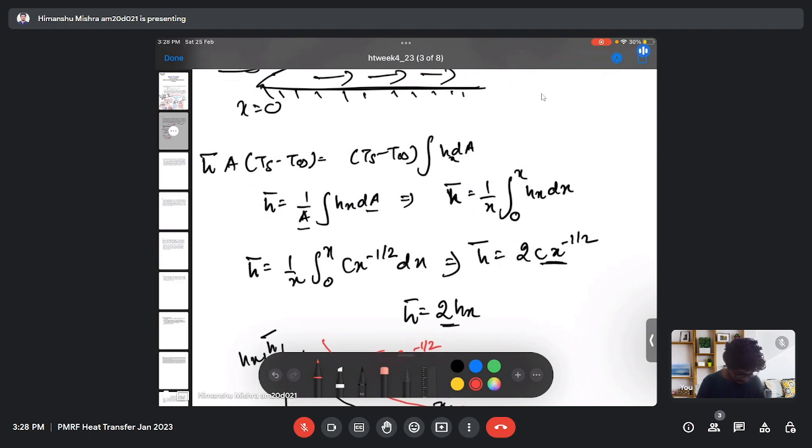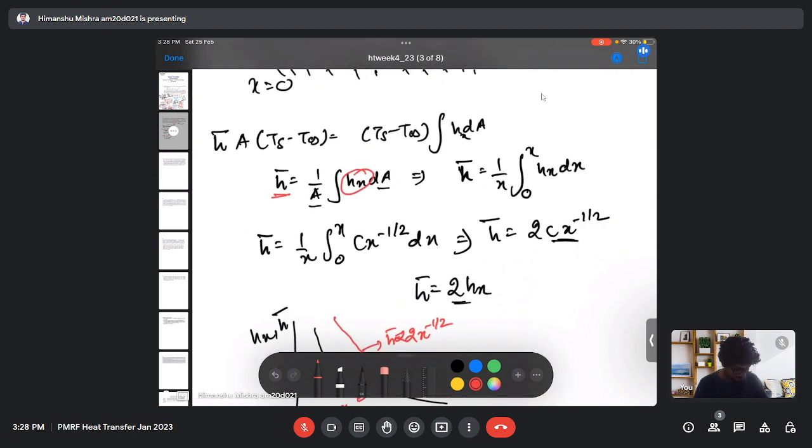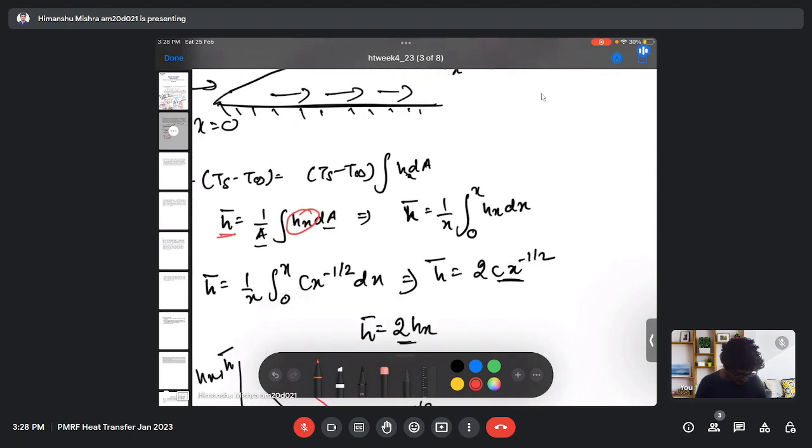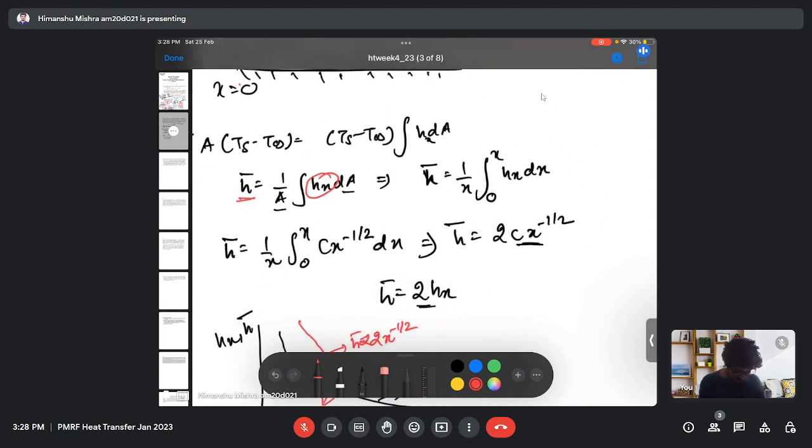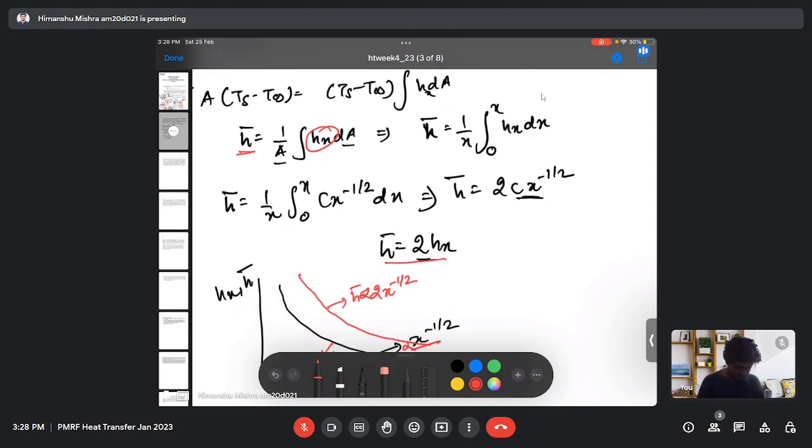We already have the local heat transfer coefficient, and we are asked to define the average heat transfer coefficient over the plate. So we integrate from 0 to x, and we find the average heat transfer coefficient over 0 to x on the plate, which is twice the local heat transfer coefficient.